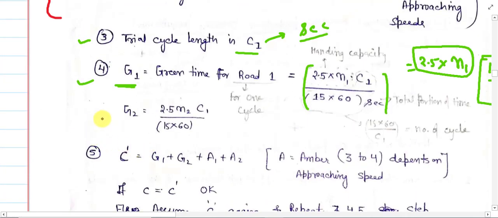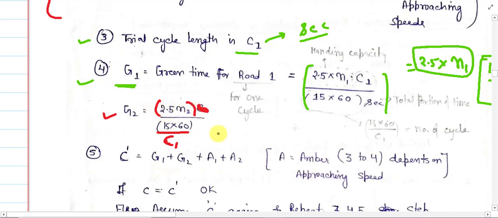Okay, similarly we will find G2, which is equal to 2.5 multiplied by N2, the number of counts in 15 minutes. Similarly, the number of cycles we will obtain by the multiplication of 15 minutes with seconds divided by C1. Put this C1 to this value. Okay, so why will we find this G1 and G2? Because scientifically we are saying that this is a rational method.